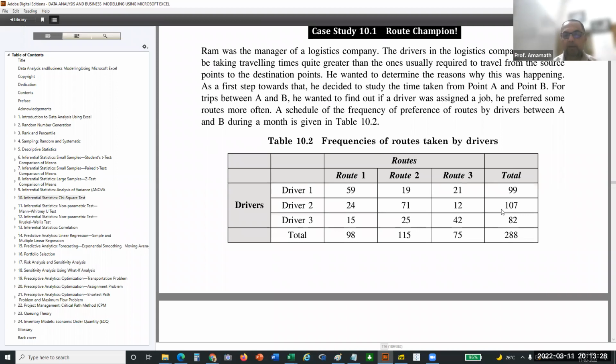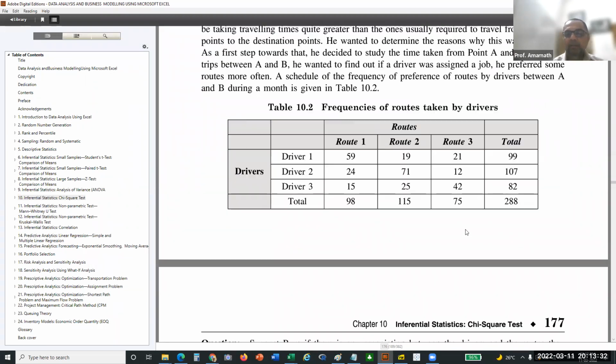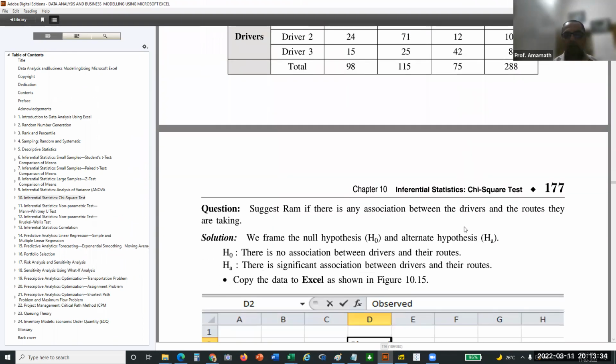So driver 1, driver 2, driver 3. What route does he prefer? So these are observed, versus the alternative. The null: there is no association between driver and the routes. The alternative: there is significant association between drivers and the routes.